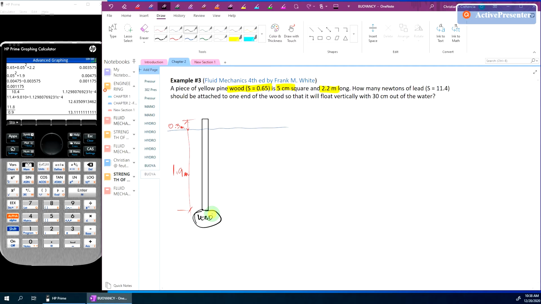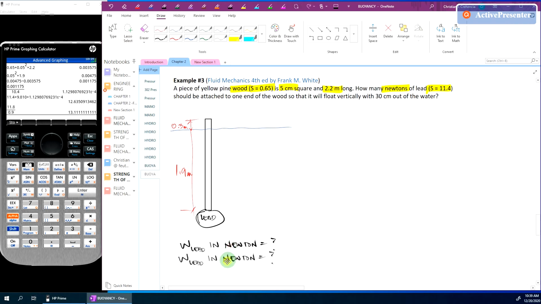Okay. So, lalagyan nga daw ng lead sa dulo with a specific gravity of 11.4 yung lead. So, ang hinahanap is how many newtons. So, yung weight. Okay? So, ano daw yung weight ng lead in Newton. Okay? So, ito yung ating hinahanap.